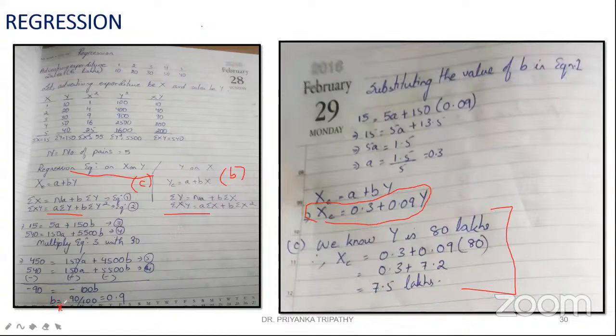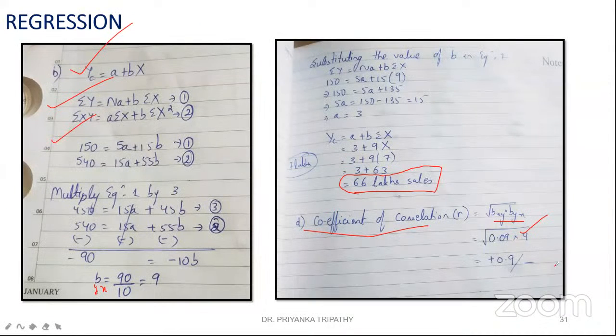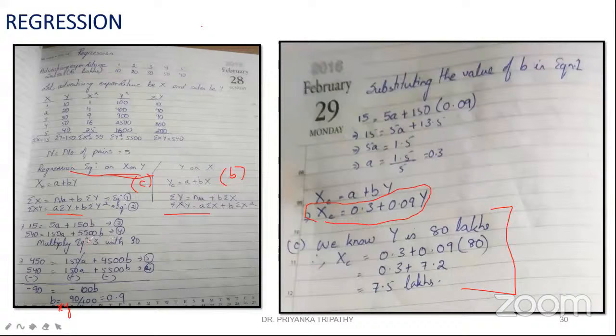How did I know that it is X on Y? Because my equation is the regression equation of X on Y, 0.09. So I got the coefficient of correlation as 0.9, which is acceptable because the value of the coefficient of correlation must be within -1 to +1. Getting it or not?